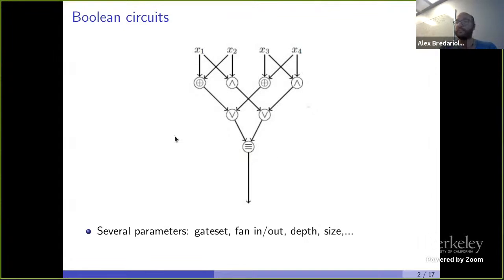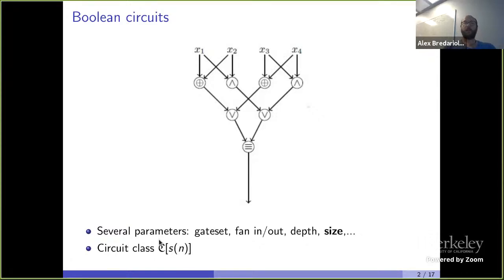Once you fix these parameters, or at least asymptotically, you can describe the circuit classes. So for example, with a circuit class C, you can talk about circuits with a specific gate set, with a bounded depth, let's say constant, or let's say polynomial size. Since in this talk one of the most important parameters is size, I usually parameterize this circuit class by putting in brackets what's the size of the circuits that are allowed in the circuit class.